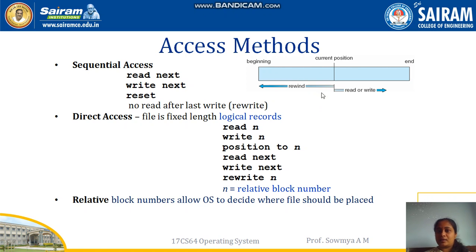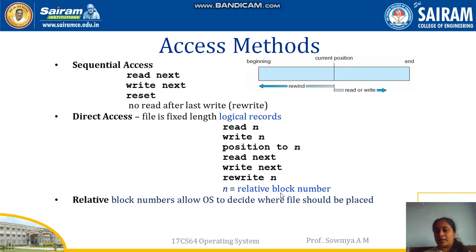Write n is the same thing: it starts writing at the nth location. Position to n means the current position will go to the nth position. Read next and write next can also be used from the current position, and you can rewrite the nth position if the data is already written there.